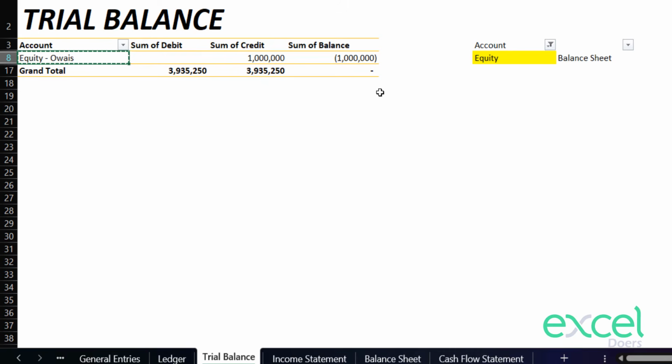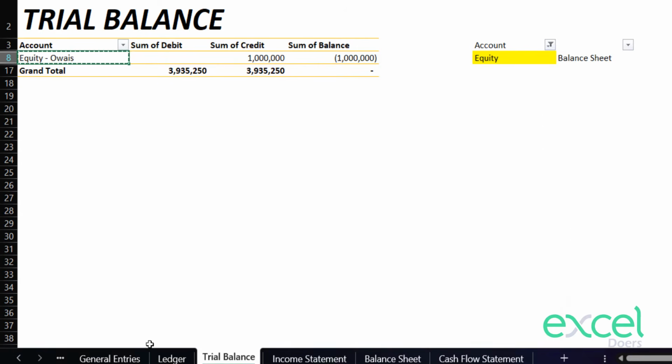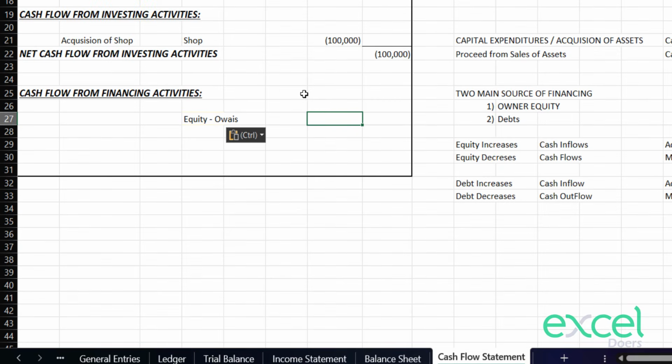How we will take the difference, I will explain in my next video, where I will do more entries for the second period, and then I will take the changes into the cash flows. But in this video, I am explaining how to prepare the cash flow statement for a newly established business, right? So again, we will bring this value here.